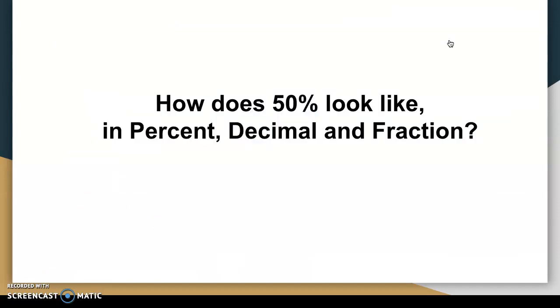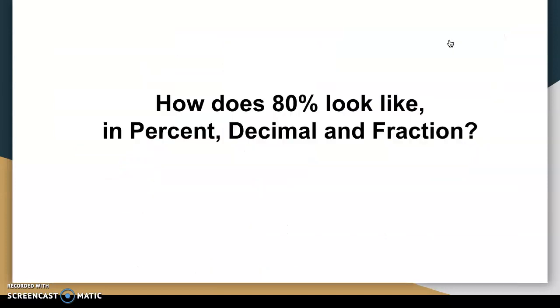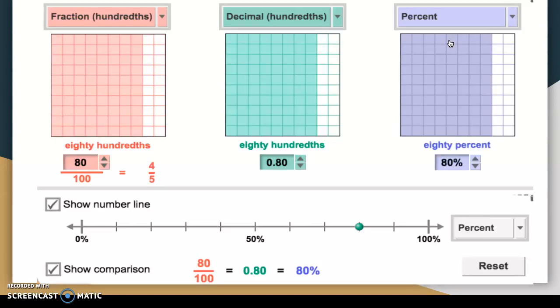How does 50% look in the form of percent, decimal, and fraction? You can see the same exercise by looking at 80%. 80 out of 100, which is simplified as 4/5, 80 hundredths, or 80%.